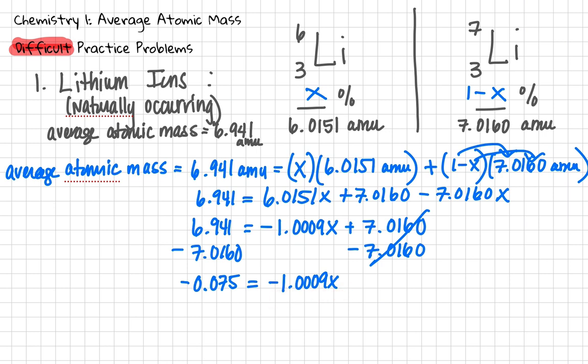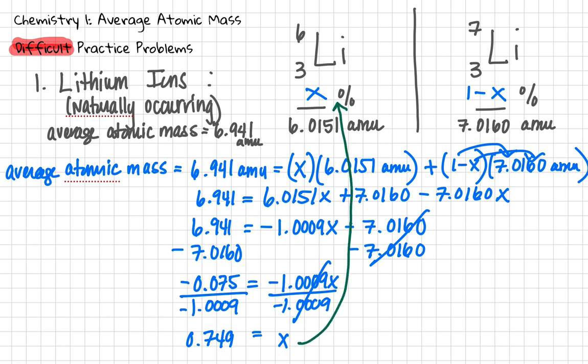To isolate the variable some more, it's being multiplied by negative 1, so I'm going to divide it by negative 1. Canceled. And then the math is 0.0749. That is equal to x over here.